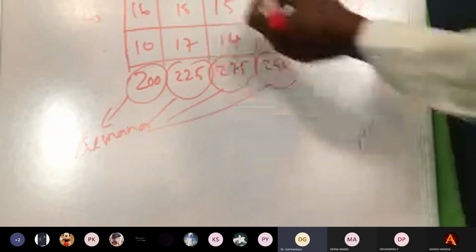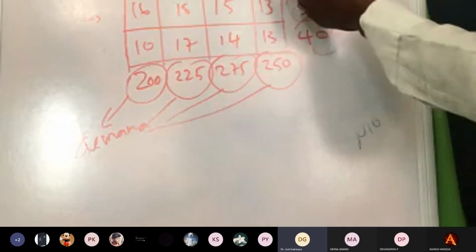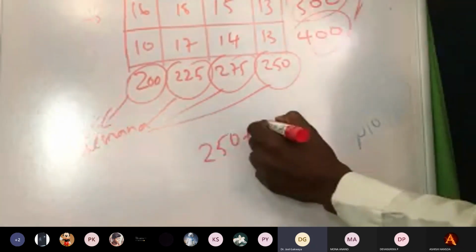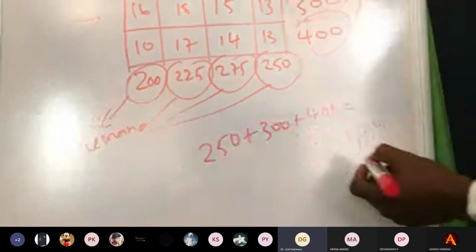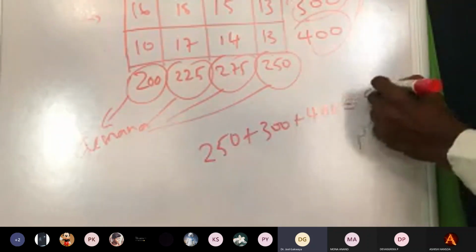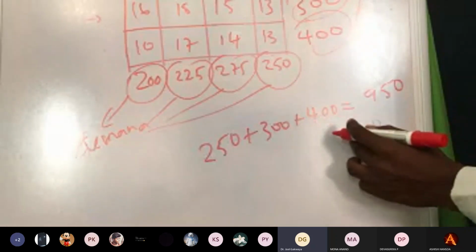So first you want to check if this transport problem is balanced by taking the total of the supply. You are going to take 250 plus 300 plus 400. What is the value for this? It is equal to 950. Okay, fine.